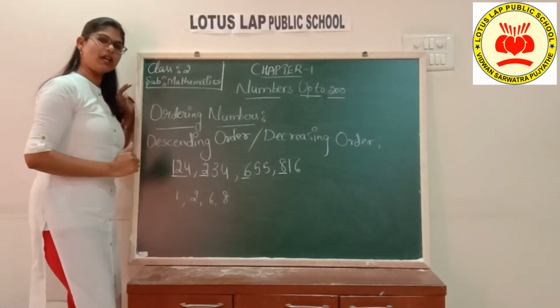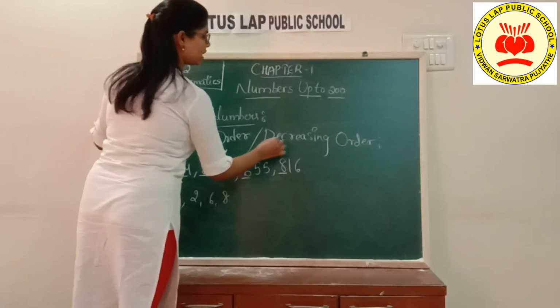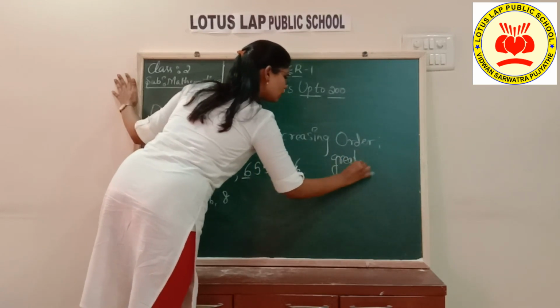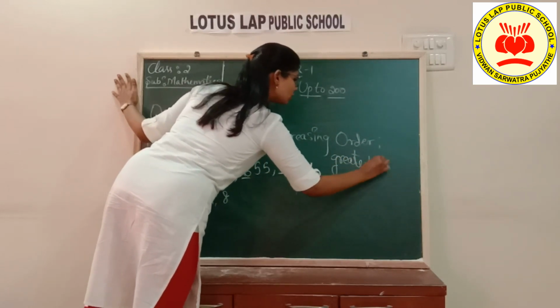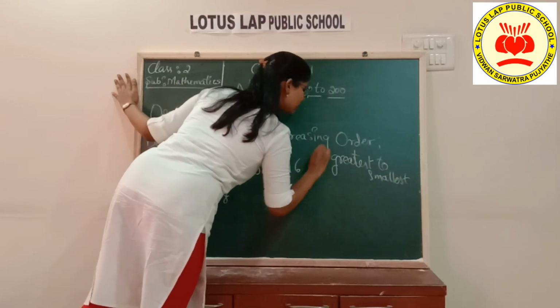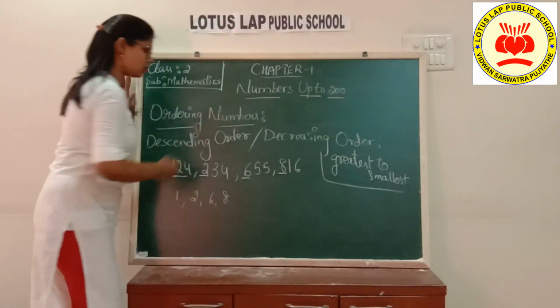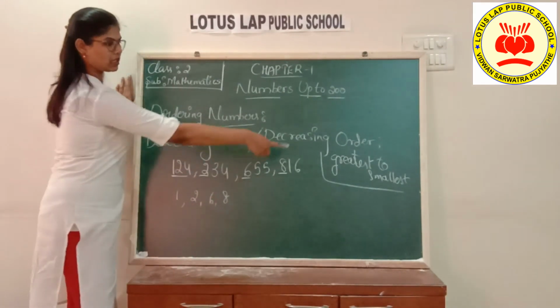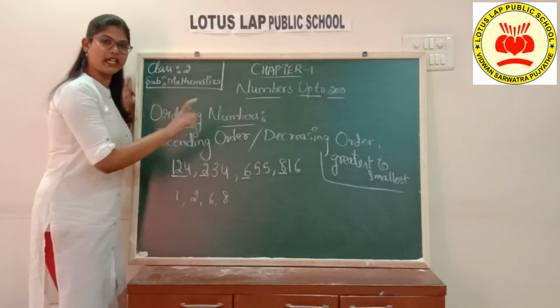Do we have to take the smallest one? Here, decreasing order, it is greatest to smallest. I have told you the numbers we have to write from greatest to smallest. Do we have to start from the lowest number? You can see the definition there. Greatest to smallest.